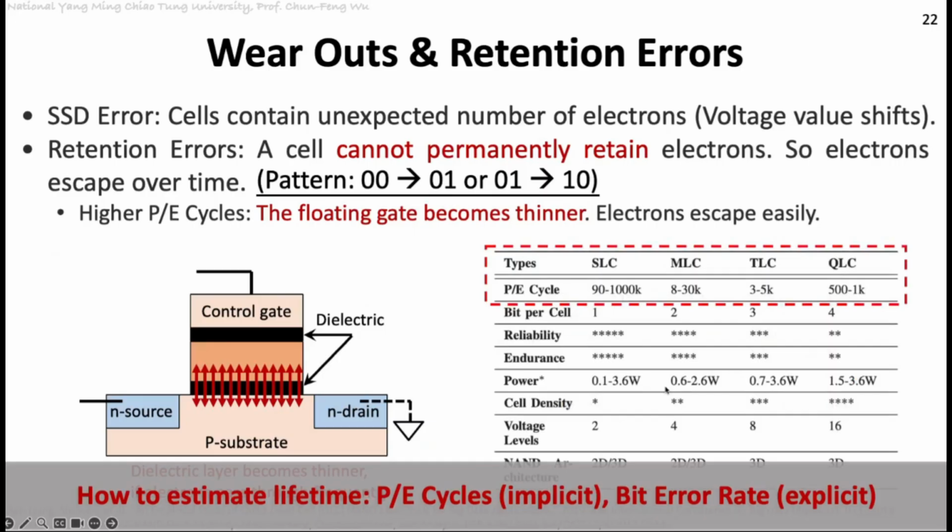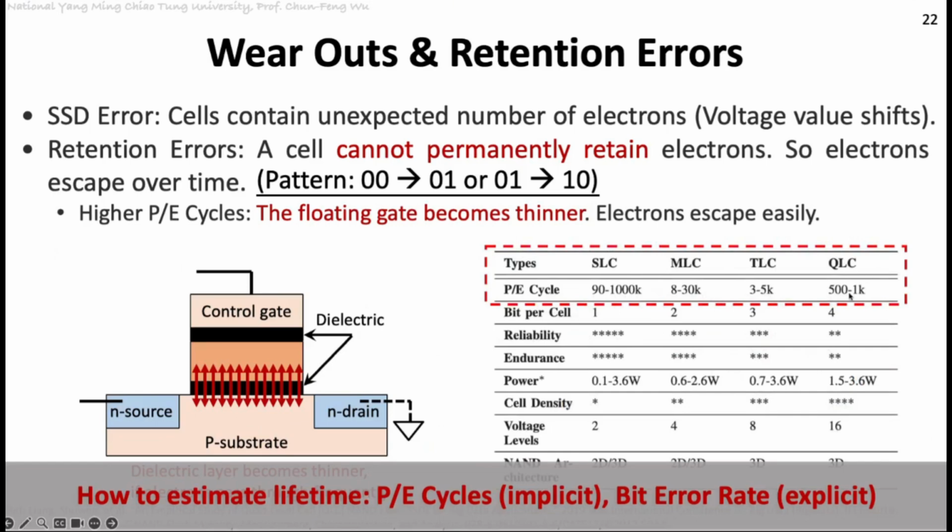Okay, so here is an overall picture from SLC to QLC. The PE cycle count for SLC is super long; it can be more than a million. But for MLC, TLC, and QLC it drops a lot. For example, for TLC and MLC, maybe several thousand.